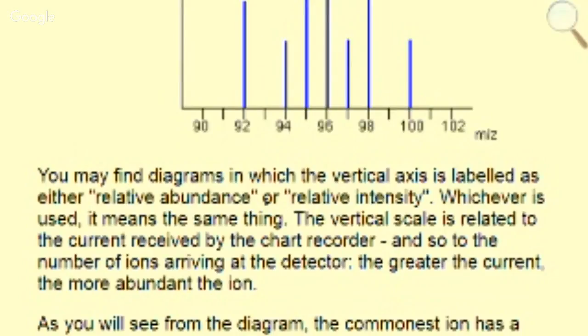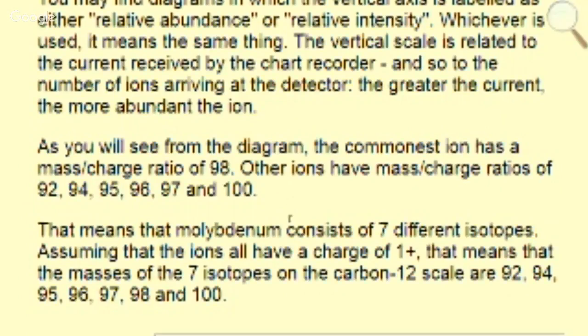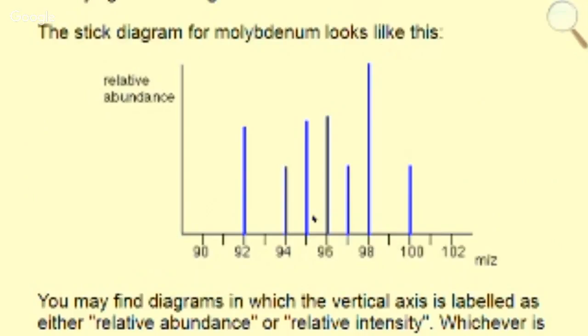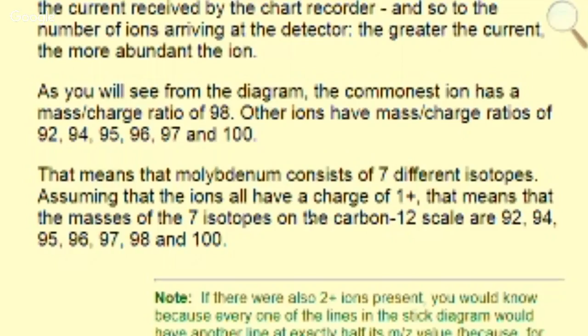Relative abundance or relative intensity, which means the same thing. And you see in the diagram, the commonest ion has a mass charge ratio, so M/Z, mass charge.